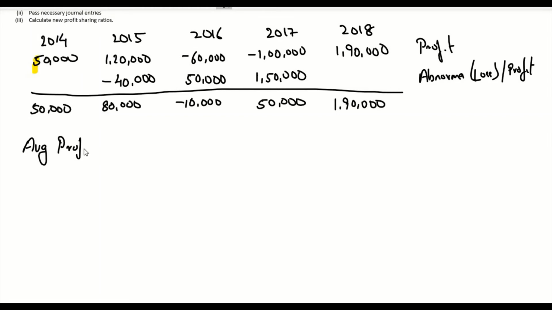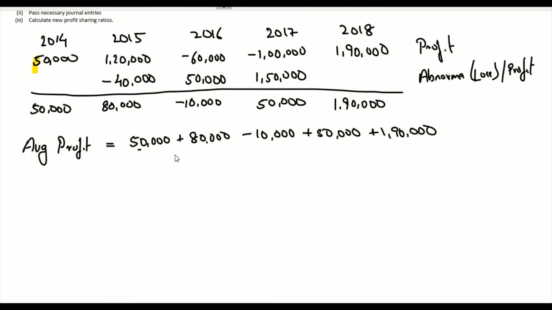Average profit for 5 years is equal to 50,000 plus 80,000 minus 10,000 plus 50,000 plus 1,90,000, all divided by the number of years, which is 5. So average profit is equal to 72,000.